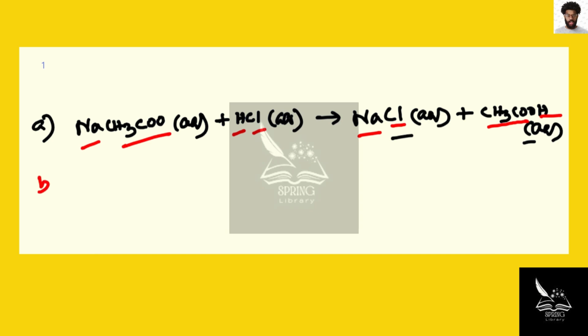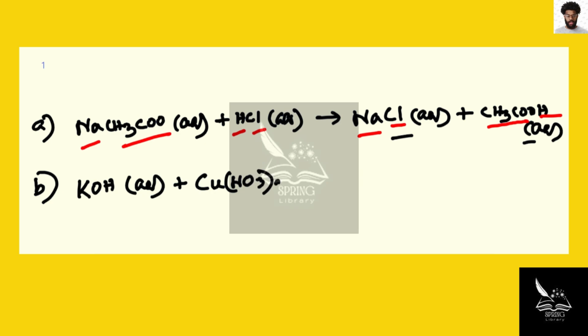Now in the second one, we have KOH and CuNO3 twice. So KOH is soluble in water, and then we will have copper nitrate, which is also soluble in water, as all nitrates are soluble in water.